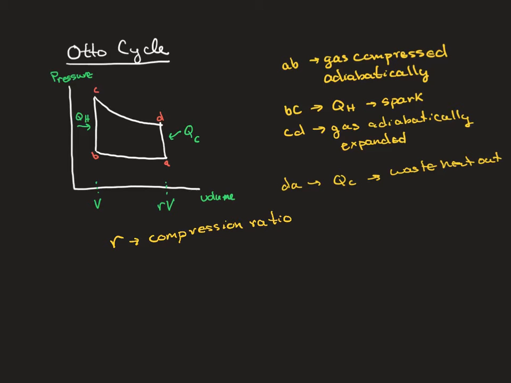And we use the compression ratio, and because we're adiabatically compressing and expanding, we're also going to make use of the adiabatic index. So the efficiency is equal to 1 minus 1 divided by the compression ratio raised to the adiabatic index minus 1.